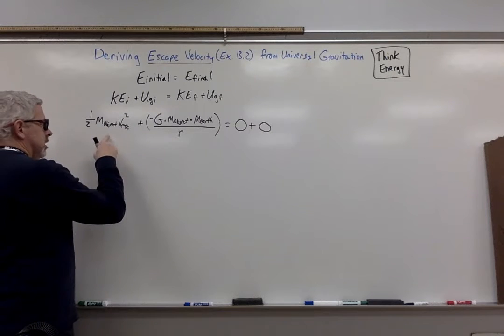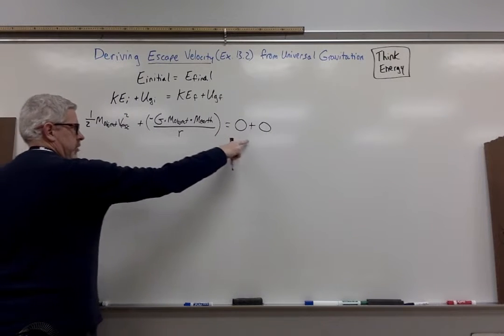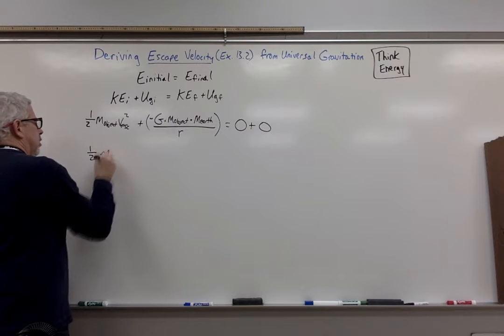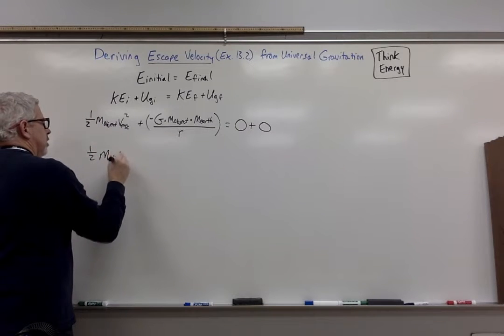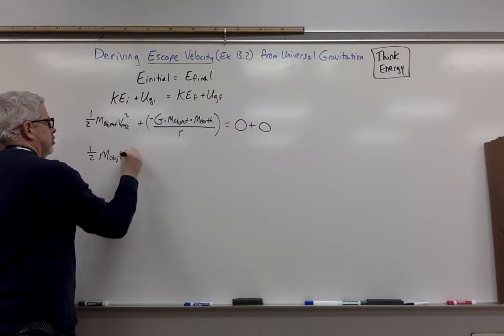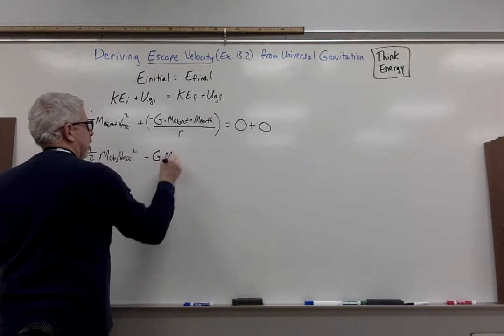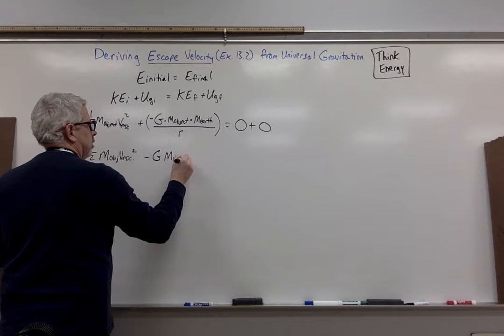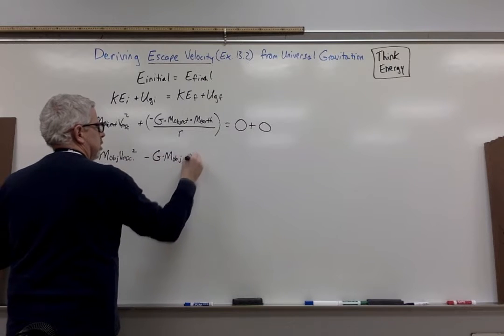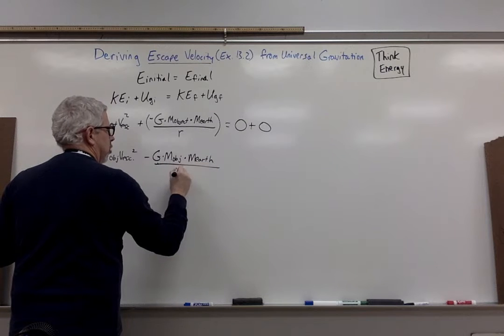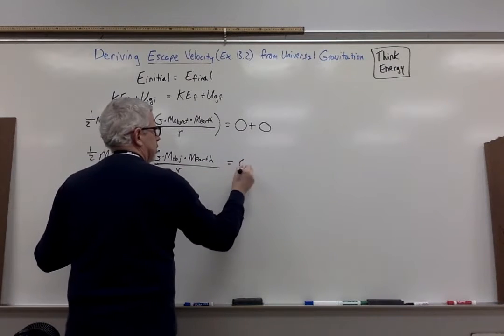So what that means is I'm going to move this to the other side of the equation. M object v escape squared minus G m object times M Earth over r equals 0.